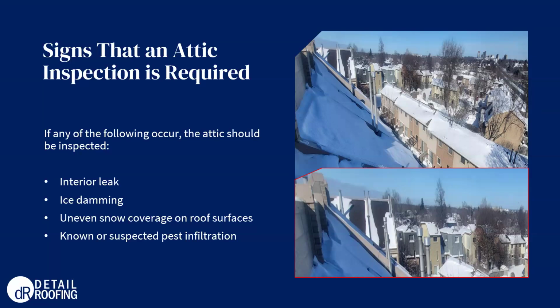If you notice that the majority of the complex or surrounding homes have snow all throughout the roof surfaces, but then there's some roof surfaces where the snow has melted or the level of melt is just uneven and inconsistent, that could be a sign that there are attic issues that are occurring that are, again, not helping to stabilize the overall temperature of the roof, and meaning that it's too warm in that space, which is leading to the melt on that roof surface versus a more consistent coverage on other roof surfaces.